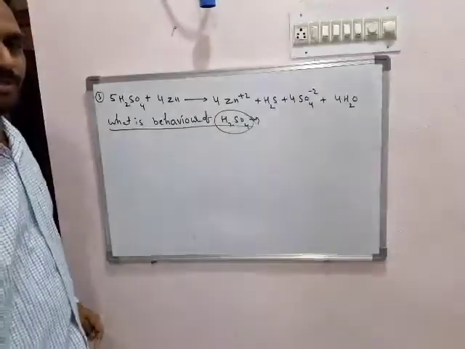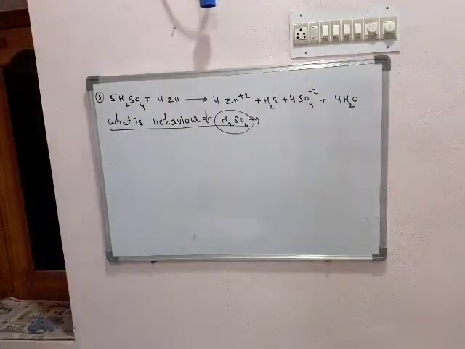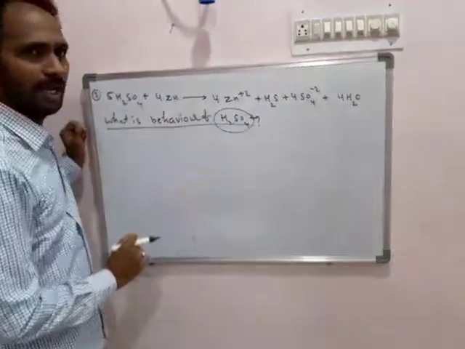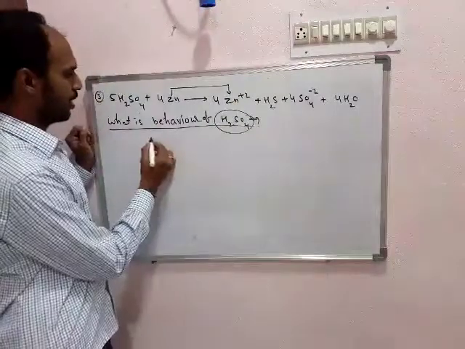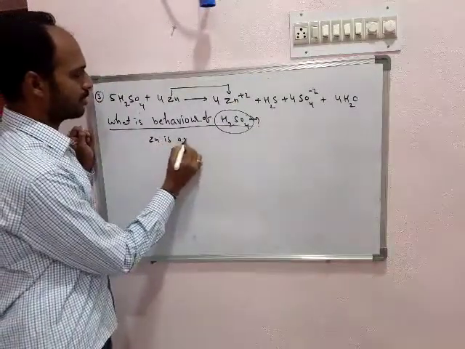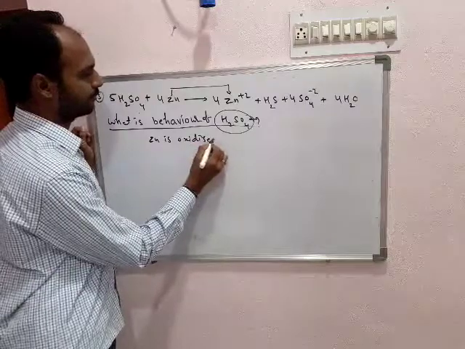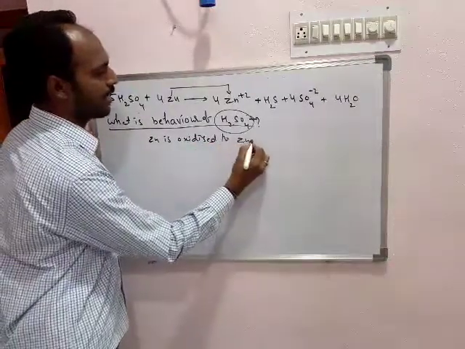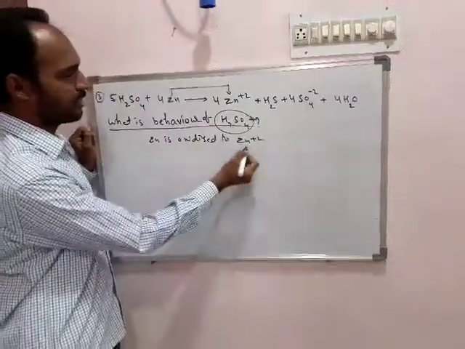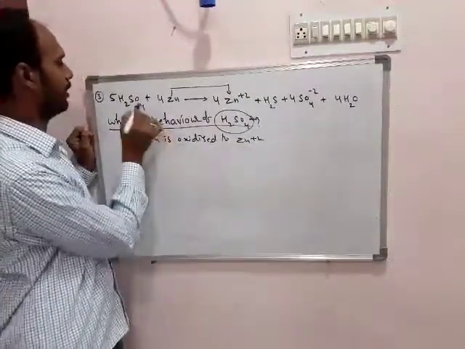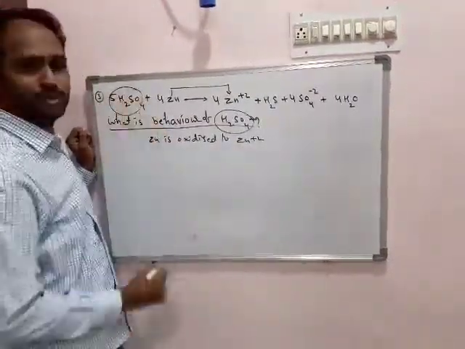So if you observe the reaction, here Zn becomes Zn plus 2. Zinc is oxidized to Zn plus 2 by reacting with H2SO4.